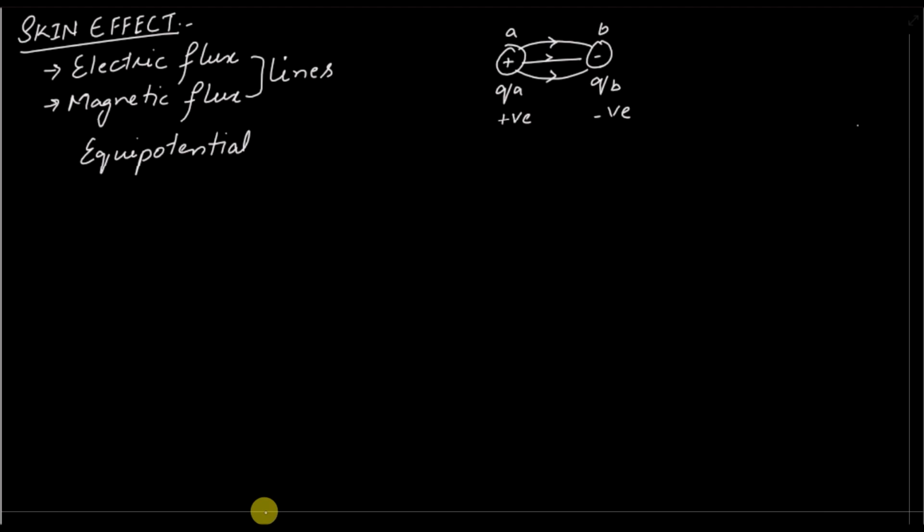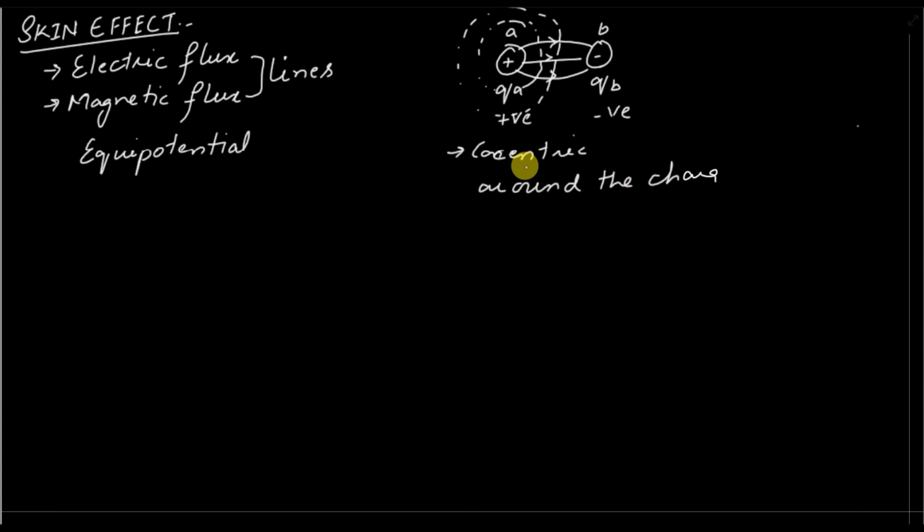Now if I have to draw the magnetic flux lines, they will be concentric around the conductors or the charges. So there will be magnetic flux lines concentric around both the charges.